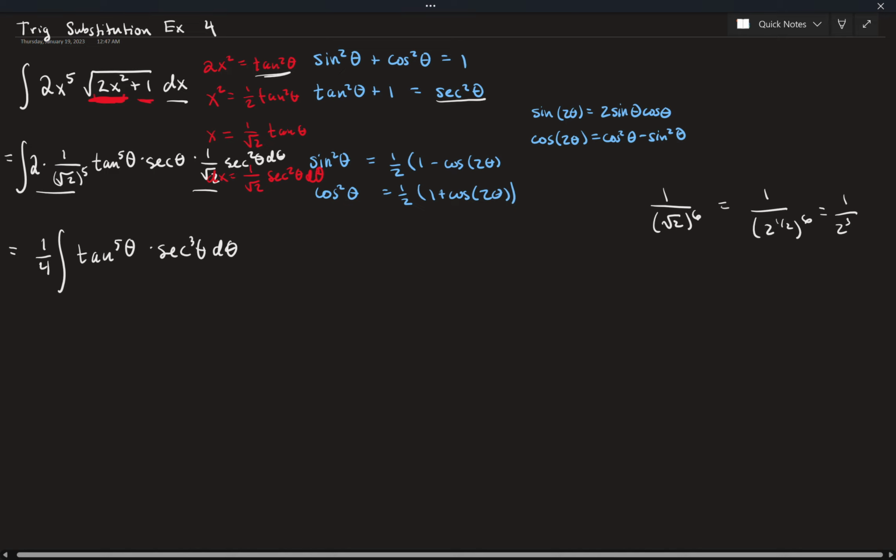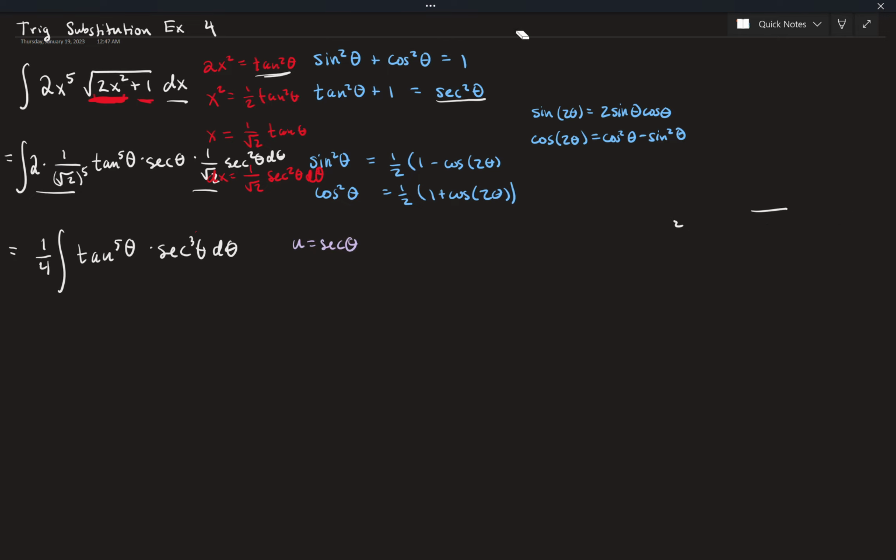And so now back to the trig integral section, we're going to have to figure out what kind of substitution we want to do. I'm going to wager a bet that it's probably going to want to be secant. Now, why do I say that?